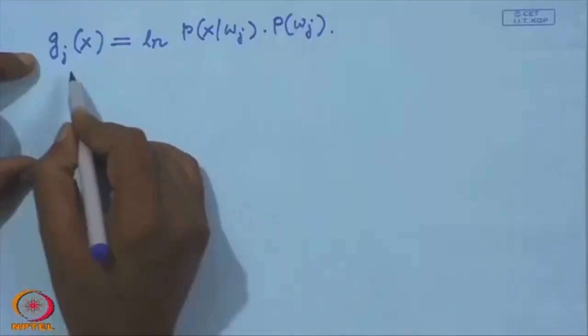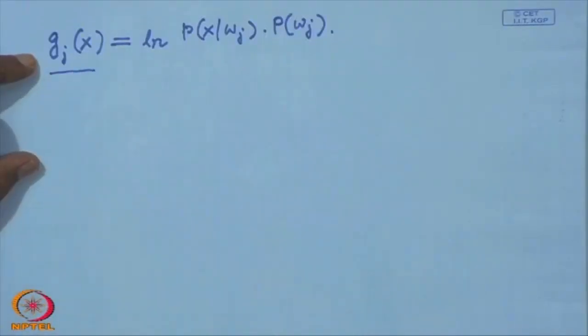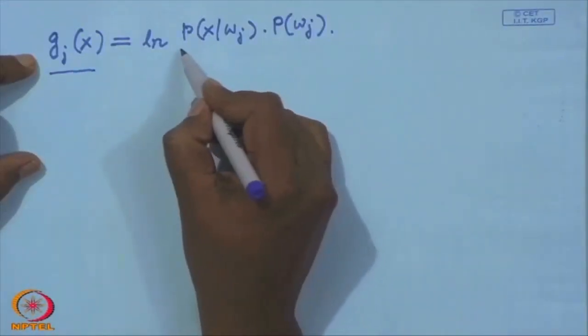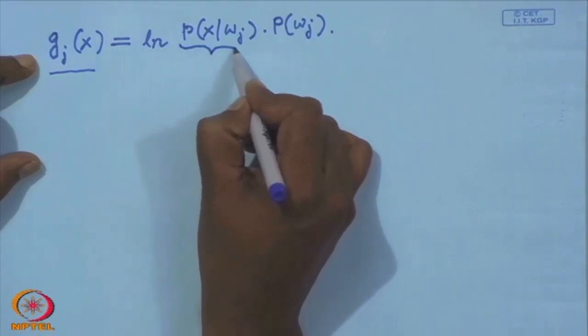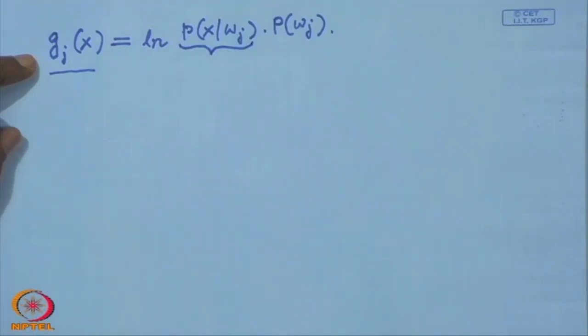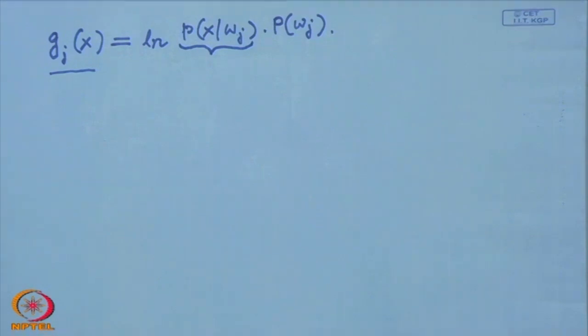When we found the expressions for g x, the discriminating function, we assumed that p of x given omega j, the class conditional probability density function, follows a predefined form: a Gaussian distribution or a normal distribution.